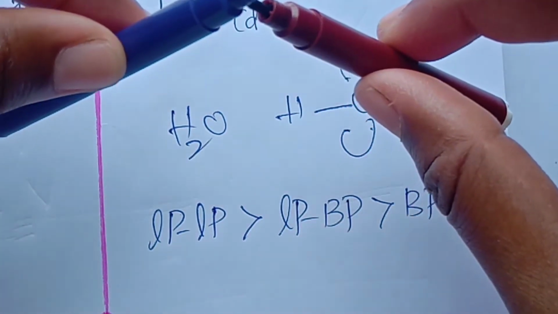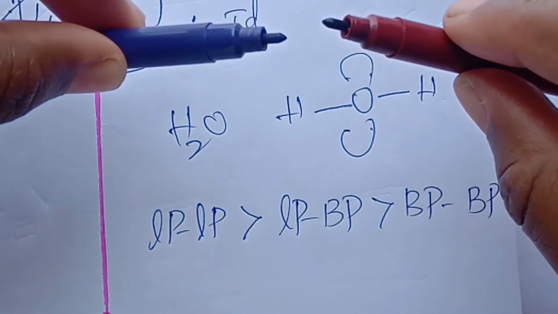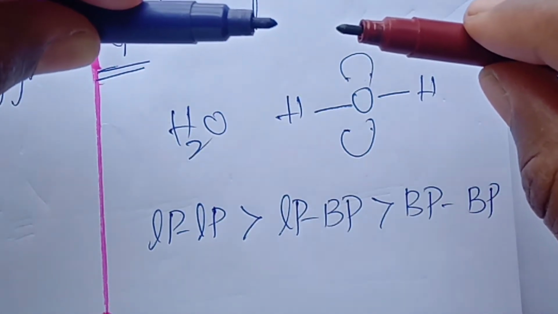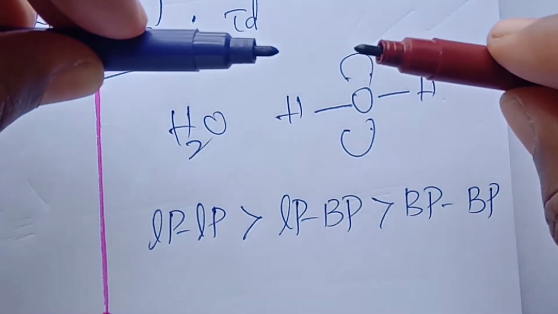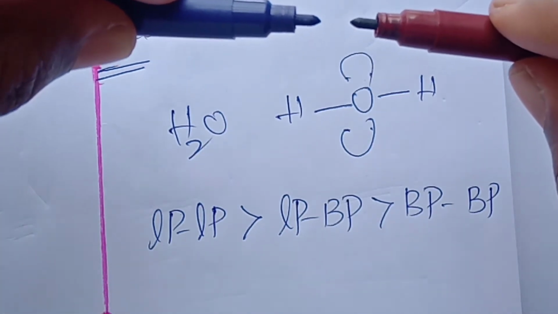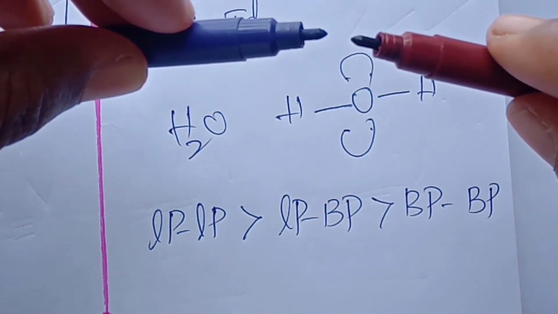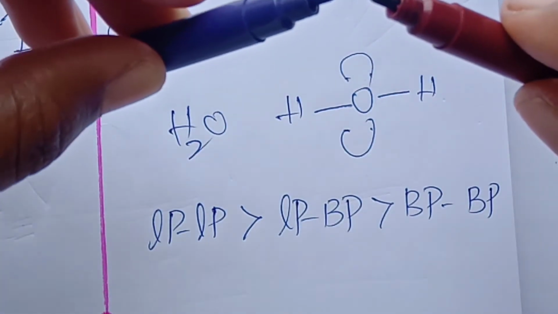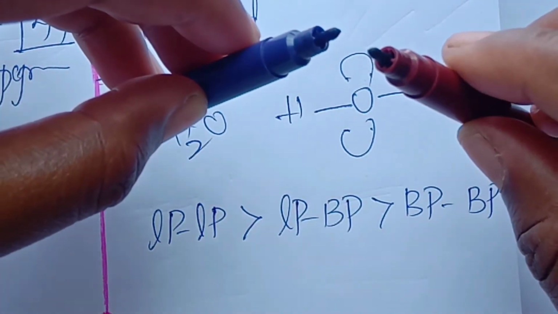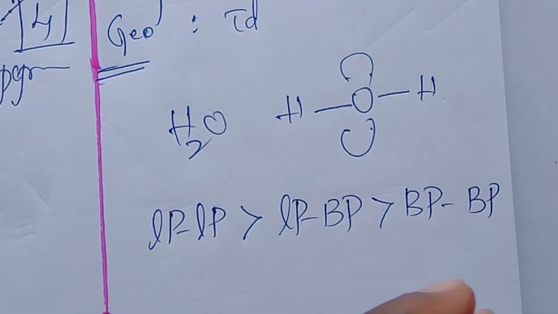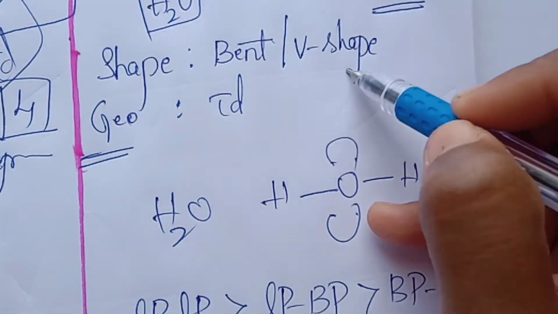Whenever there are no lone pairs on the atom, it acquires a linear, straight line position. Whenever lone pairs are present, repulsion is created on the central atom and it acquires a somewhat bent shape. Is it clear, students? Yes, it acquires a bent or V shape.